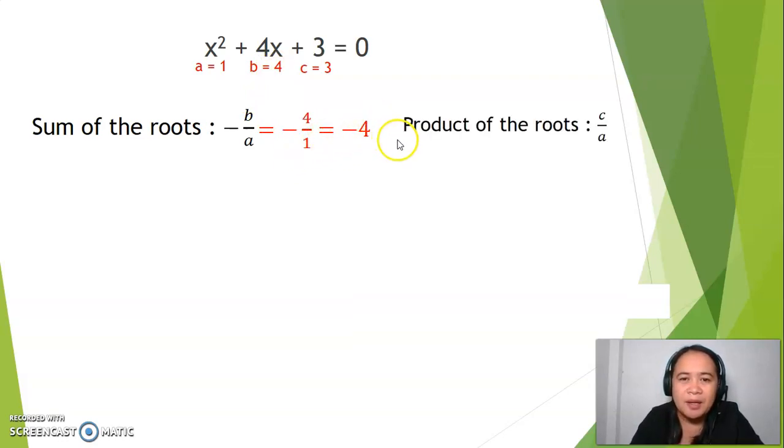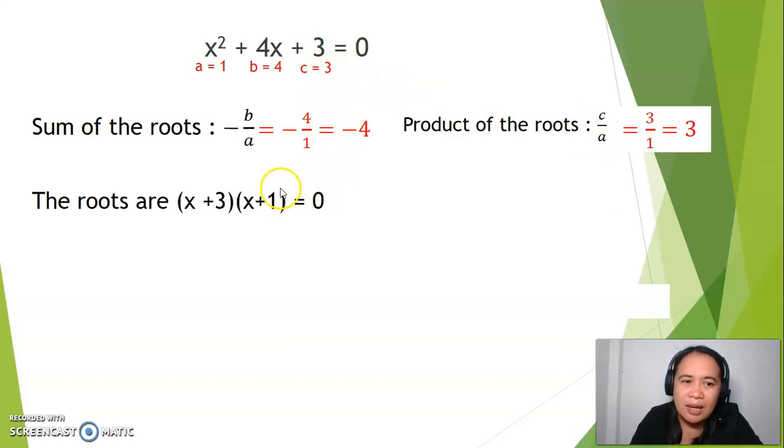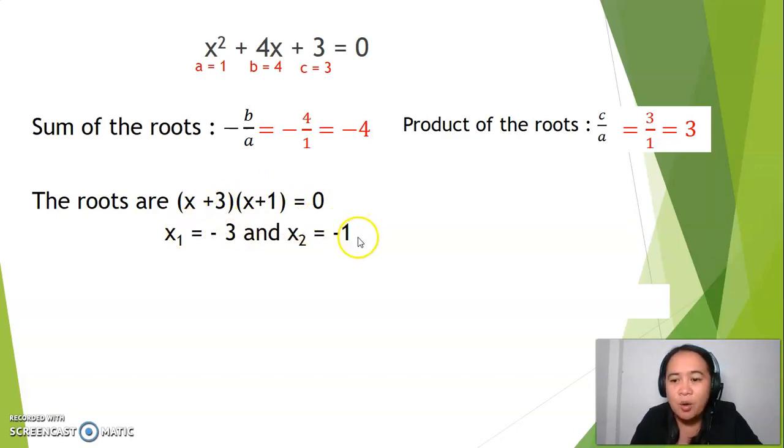While the product of the roots is defined as c over a, so we will have here 3 over 1, or simply 3. Now take note, by factoring, we can factor this as x plus 3 times x plus 1 equals 0. Or we can find the roots as negative 3 and negative 1.